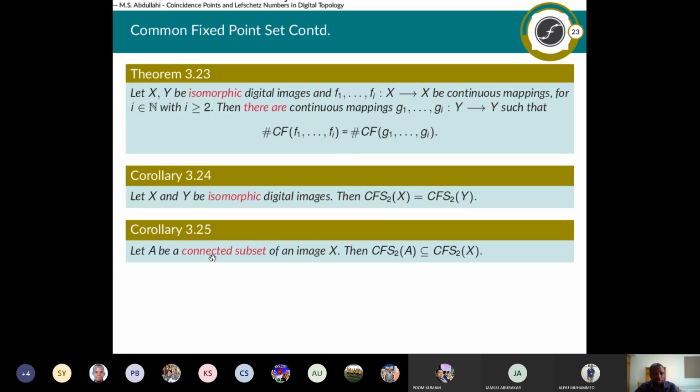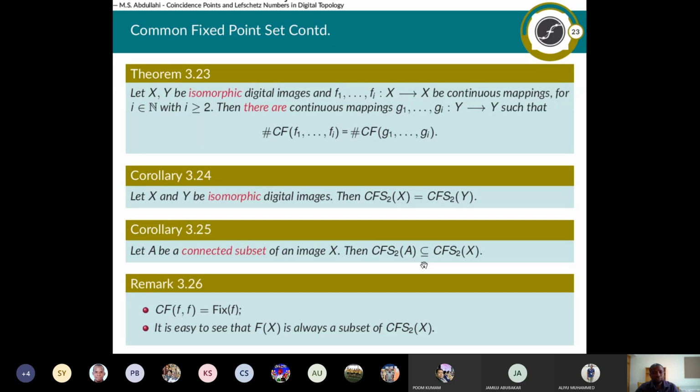And also, if we have a subset, its homotopy common fixed point set will be contained in the common fixed point spectrum of the whole set X. And as a remark, whenever we have the common fixed point between a function and itself, this will be the same as the fixed point of the function f. And it is easily seen that the fixed point set is always contained in the common fixed point set.